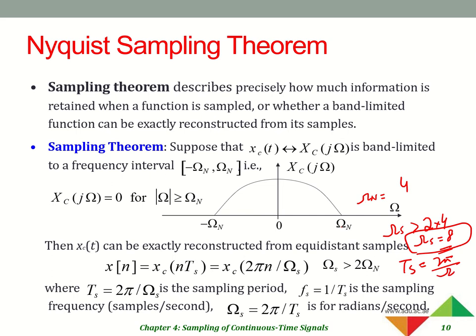Thus we can calculate the sampling period, the sampling frequencies, or whatever we want. So this is called the Nyquist theorem. Omega n is called the Nyquist frequency, and the sampling frequency must be 2 times the Nyquist frequency, so that there will be no aliasing. That is the minimum criterion.